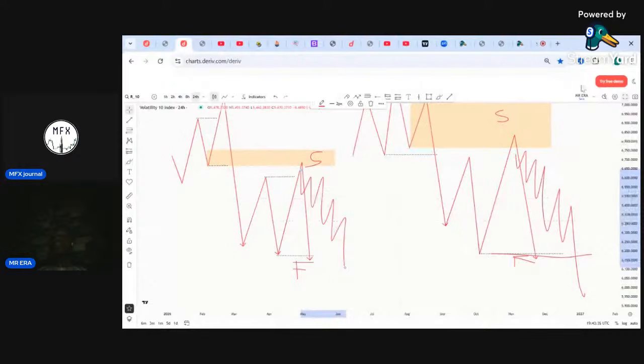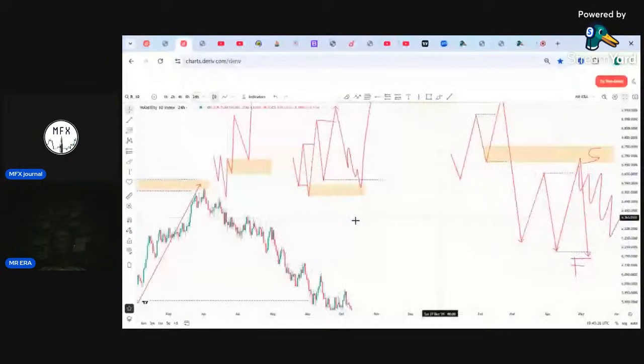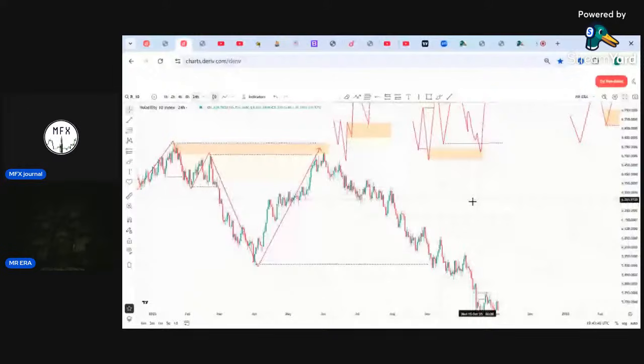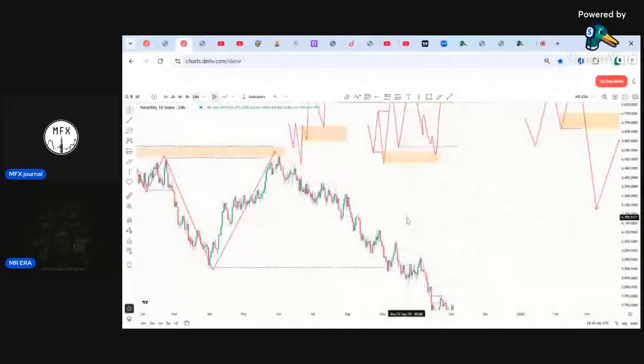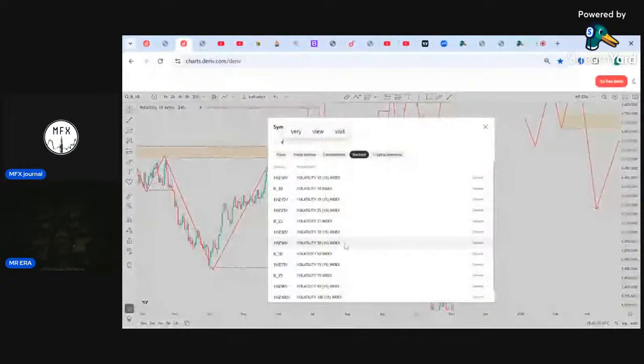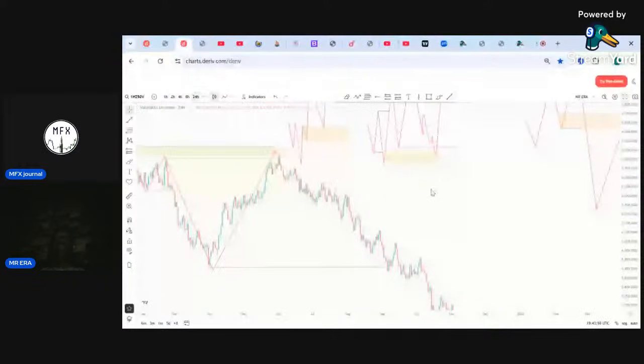So now let me see if I can find an example of one. Okay, amazing. Let me use V51. Those of you trading currency, I'm so sorry, I'm a derivatives guy, so pardon me.